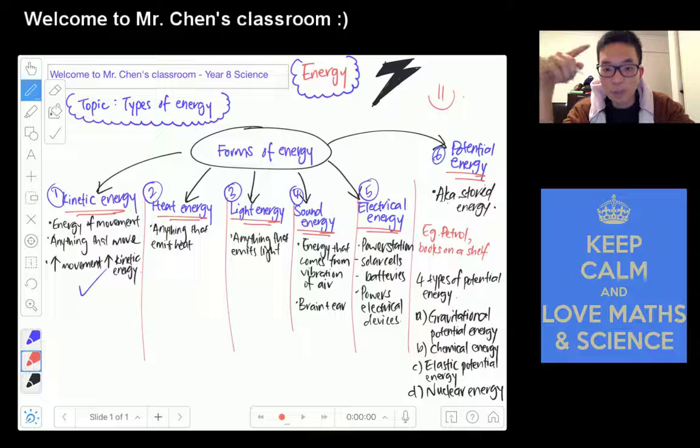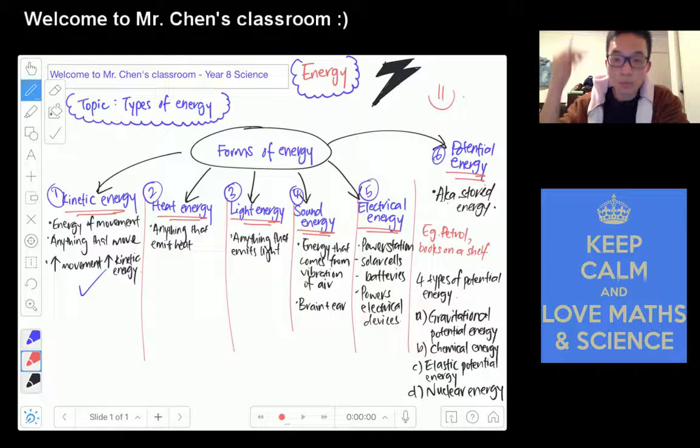Because of the pressure build-up, the steam will start turning the turbine, the motor in there, and then it moves the train. That means the heat energy has been converted into kinetic energy. Okay, that is how it works.